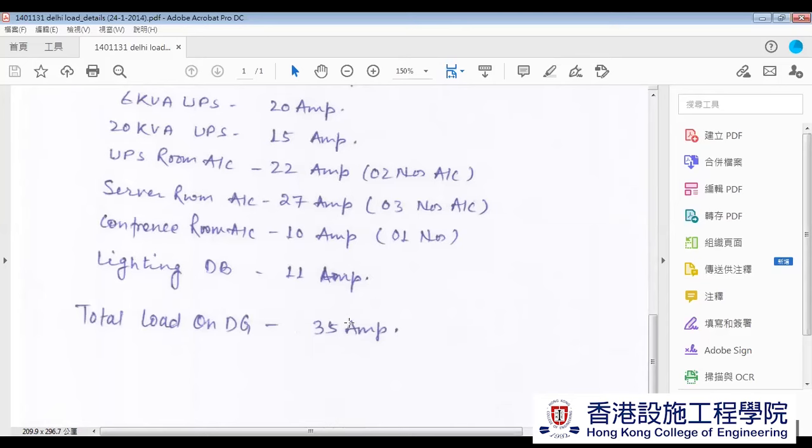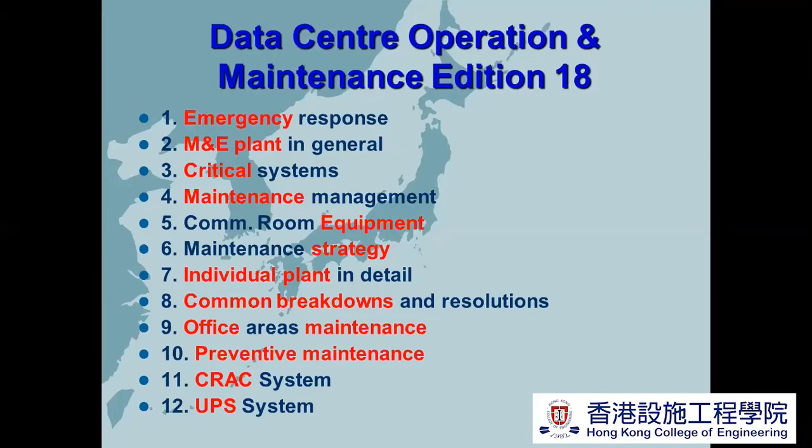Okay, so today's first lecture, lecture 1, if I can recall, let me go back here. So today we have talked about the emergency response as well as the M&E plan in general.